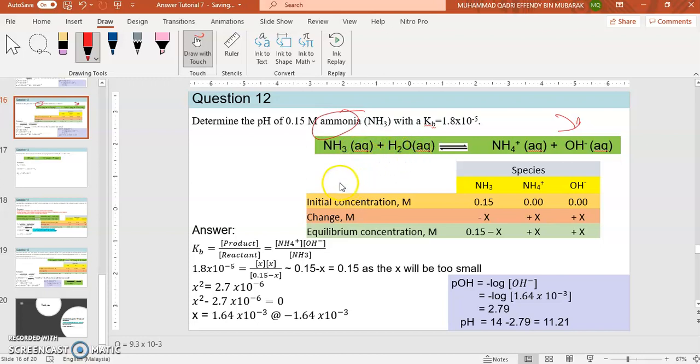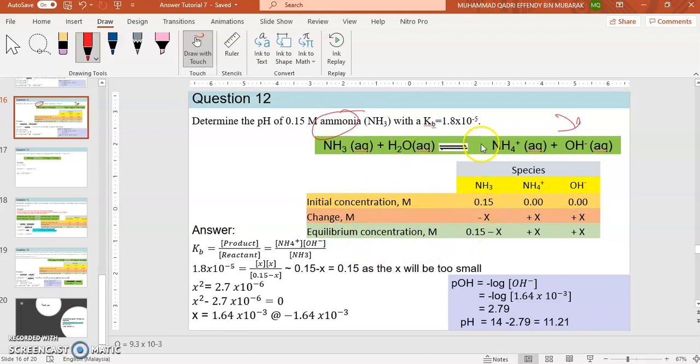In our system we have ammonia NH3, ammonium ion NH4 plus, and hydroxide OH minus. At initial we have 0.15 ammonia, and 0 for ammonium and 0 for hydroxide ion respectively.